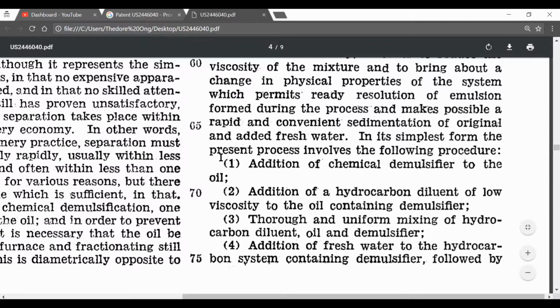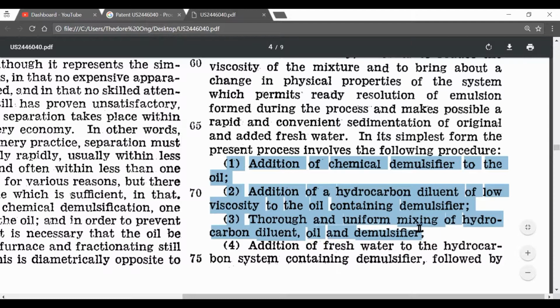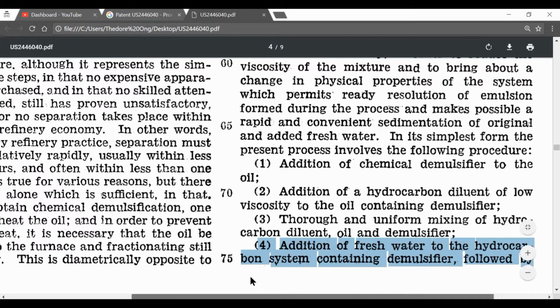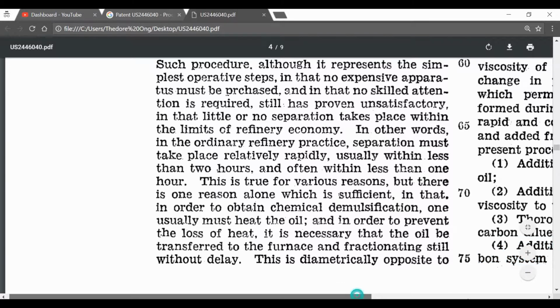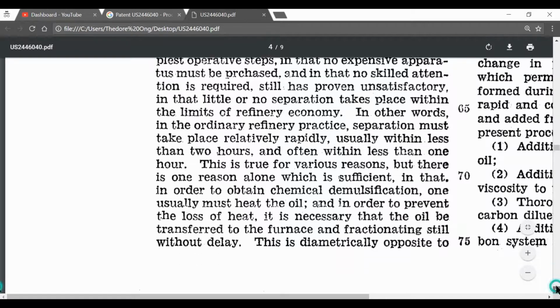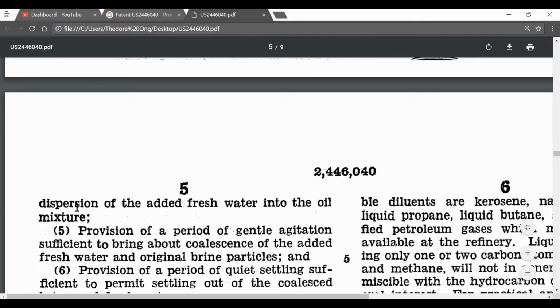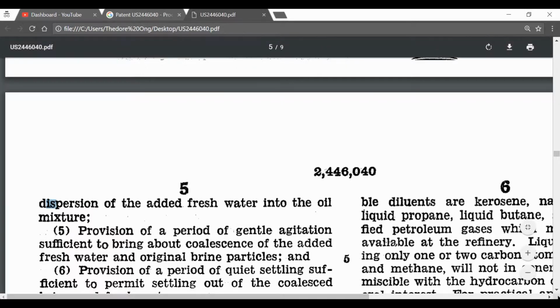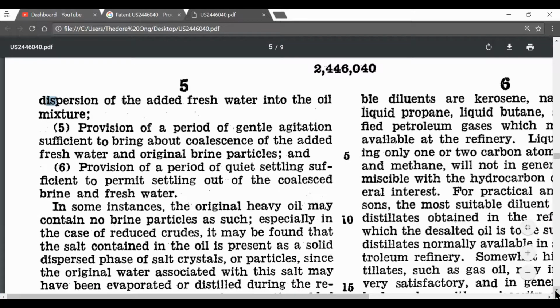So you have, let's just review, demulsifier, hydrocarbon, and you mix them up with the oil, and now you add fresh water to the hydrocarbon oil system containing the demulsifier, followed by dispersion of the added fresh water to the oil mixture. Provision of gentle agitation.